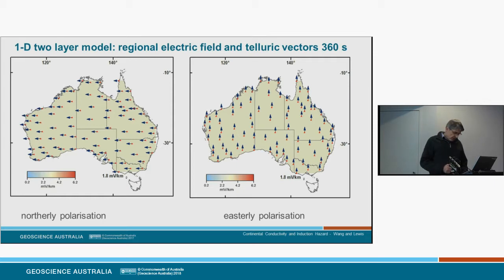I show these two plots because they set a baseline for comparison with the images I'm going to show you later, and allow us to compare the spatial patterns of the induced electric field. Many GIC studies use simple 1D or half-space models such as this as the geophysical starting point for the engineering problem of calculating the induced currents in electrical networks.